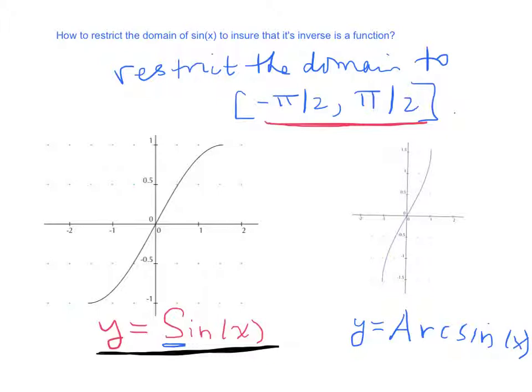Now notice what its domain is. Its domain goes from minus 1 to 1, and its range goes from minus pi over 2 to pi over 2. This is the inverse of principal sine, and we call it arc sine.